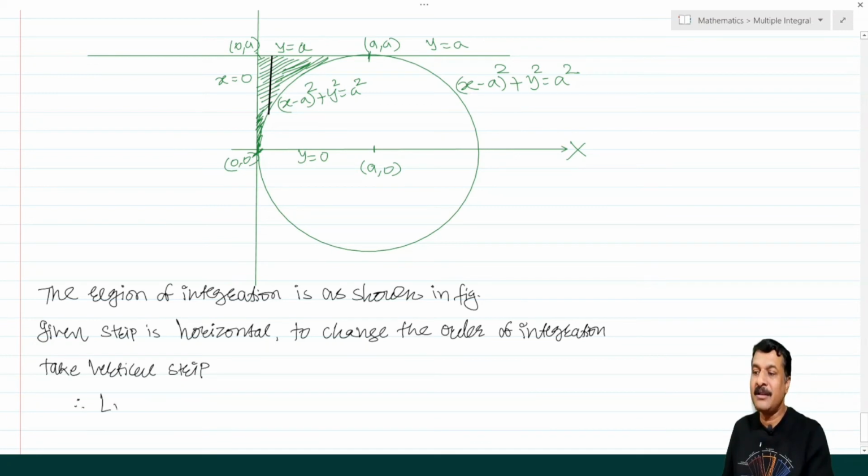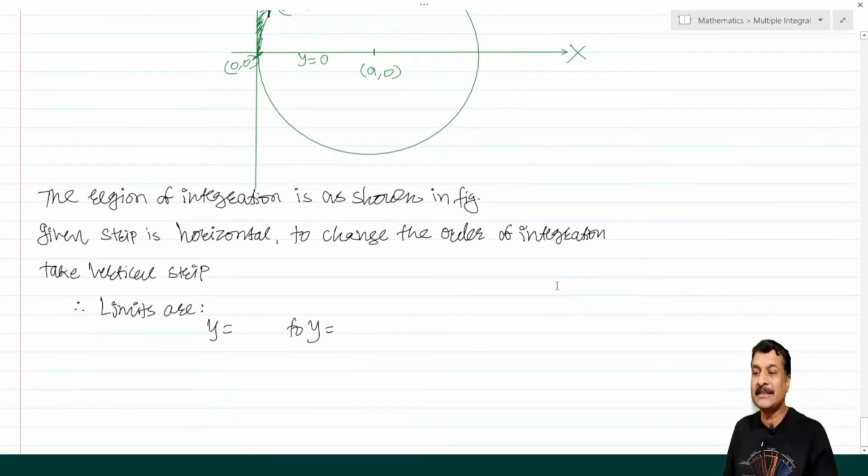Therefore the limits are: when we extend that strip, it cuts the x-axis, so x constant and y varies from equation to equation.